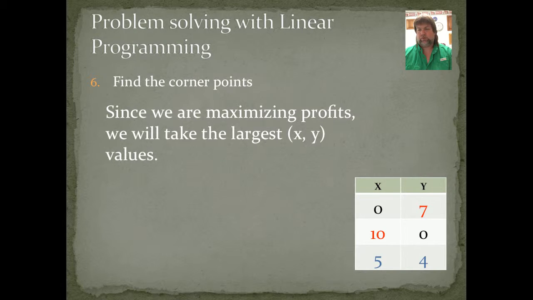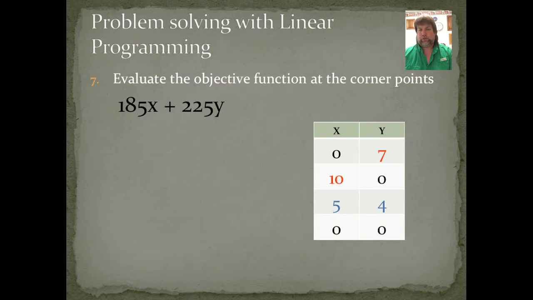So now our table looks like the one in the lower right corner. We have (0, 7), (10, 0), and (5, 4). We'll also include (0, 0) because we know that x and y must be greater than or equal to 0. So now we can finally evaluate the objective function at the corner points.